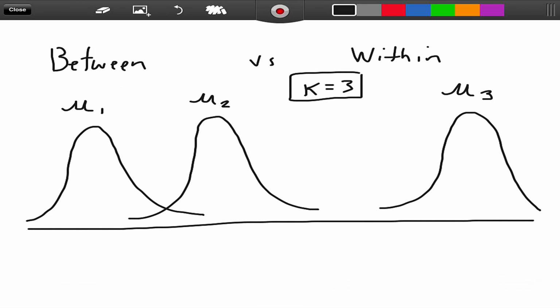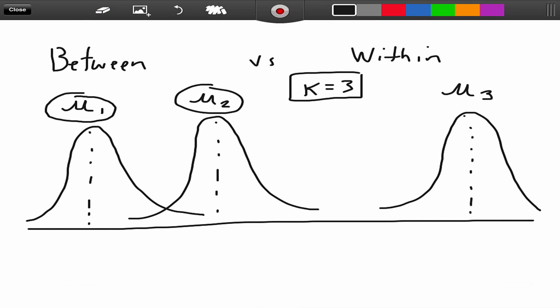So each one of these has clearly a population mean, and the way I've drawn them, clearly the means are different. But we don't know that, and that's why we go out and collect a sample from population number 1, we'll collect sample mean, sample standard deviation, sample size, and do the same for, in this case, all 3 populations.